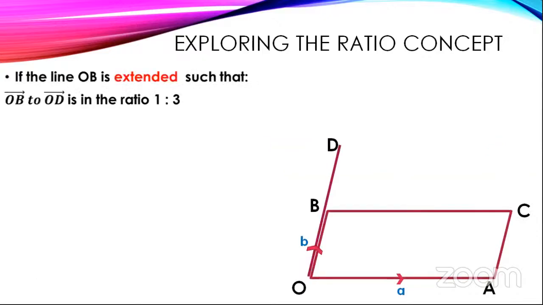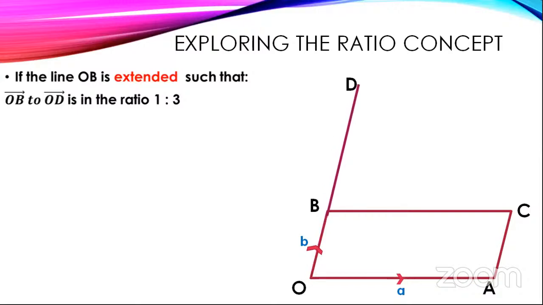All right, so here it is now. We're exploring the ratio concept. Sometimes in the CSEC questions, you'll see that you're given a ratio in terms of the magnitude, and you're wondering, how would I work this? So if the line OB is extended such that the vector OB to the vector OD is in the ratio 1 to 3.